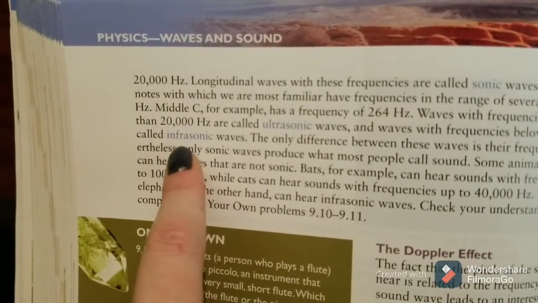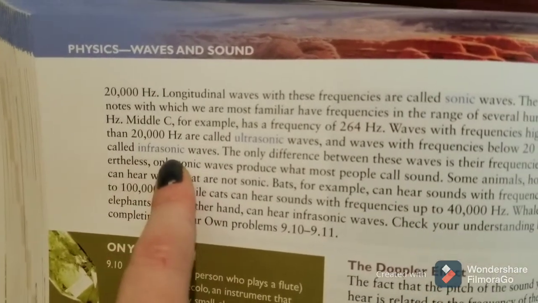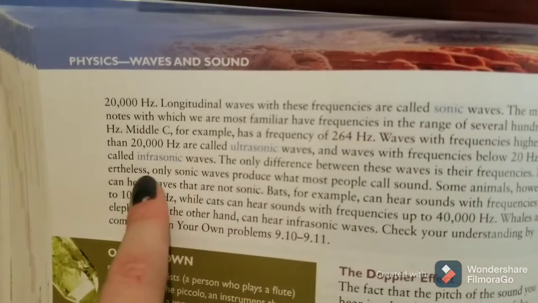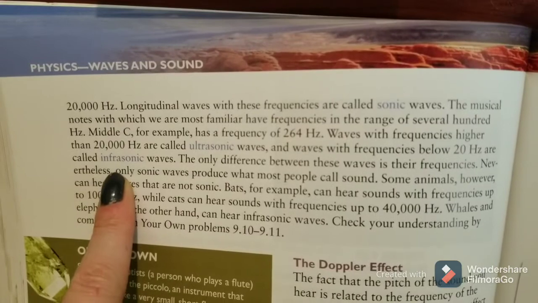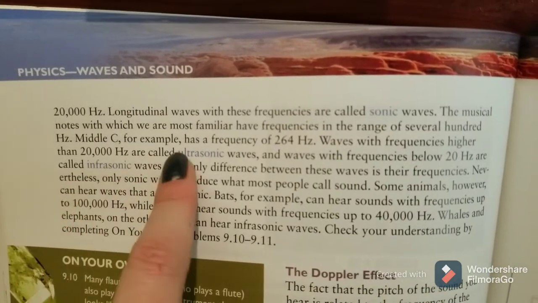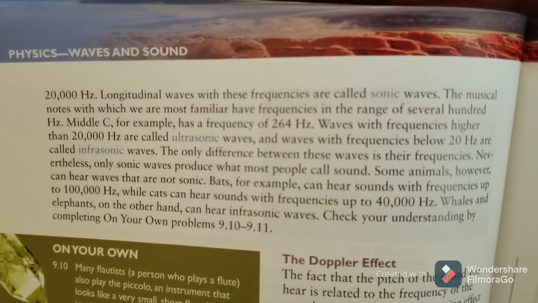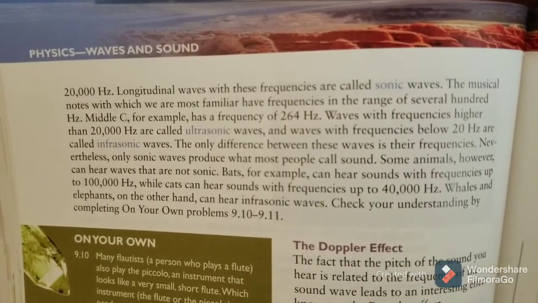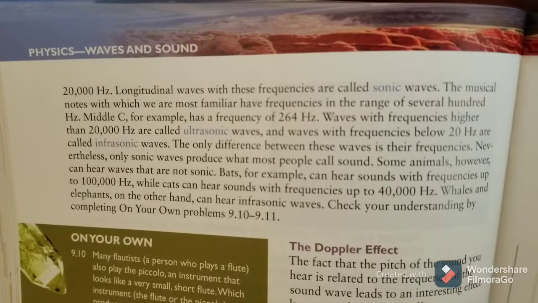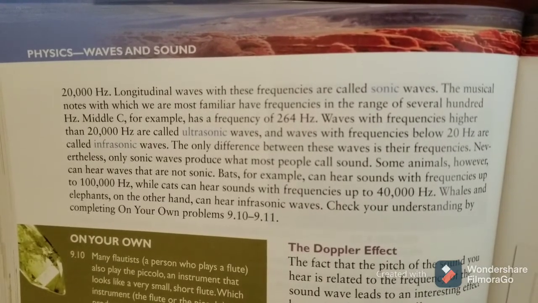So infra, think of infrared. They're going to make that red, down low, because infra is low and ultra is high. Bats can hear sounds up to 100,000 hertz, and cats can hear sounds up to 40,000 hertz.